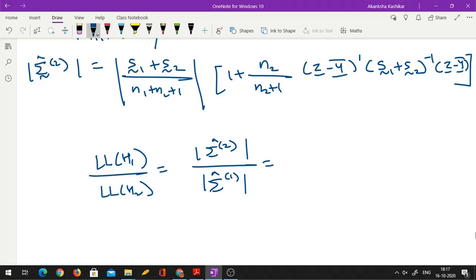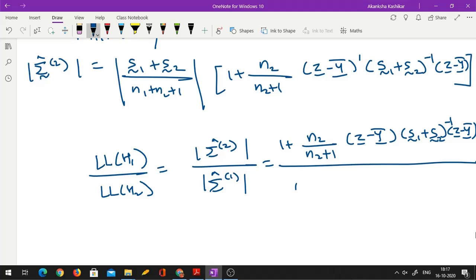So if things get cancelled, we would have 1 plus N2 upon N2 plus 1 (Z − Y bar)' (S1 + S2)^-1 (Z − Y bar) upon 1 plus N1 upon N1 plus 1 (Z − X bar)' (S1 + S2)^-1 (Z − X bar).